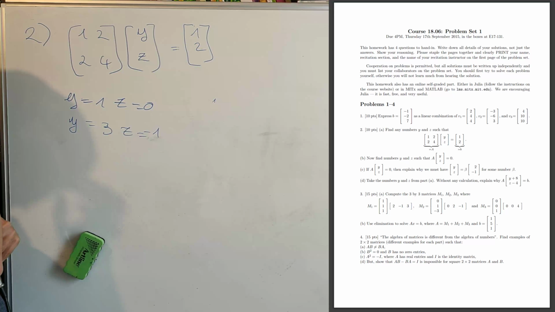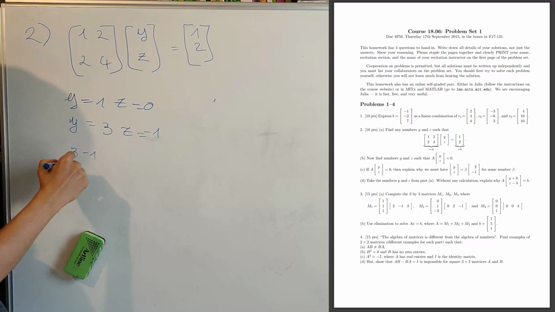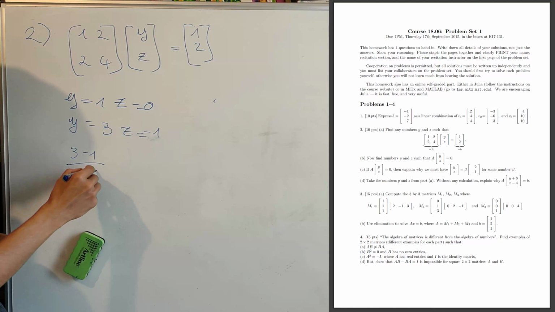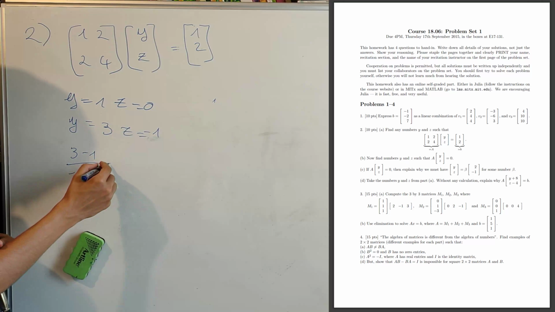Checking: 3 minus 1 over minus 1 minus 0 equals minus 2.